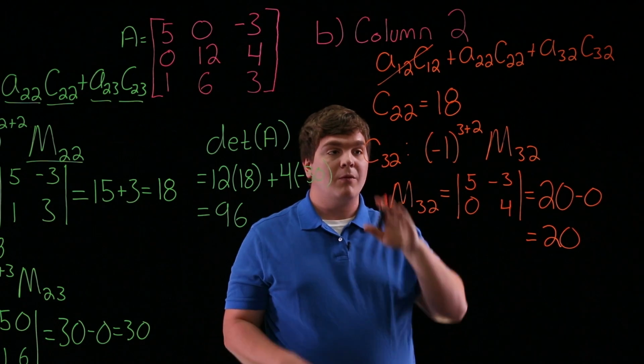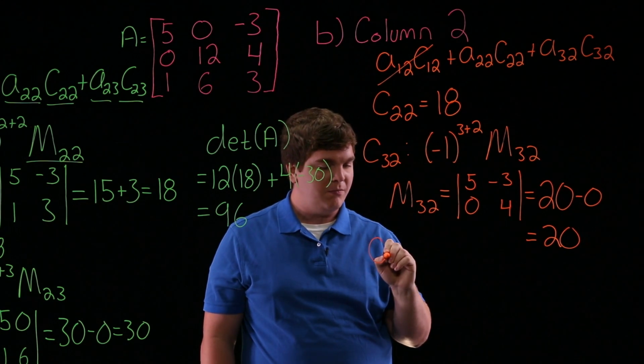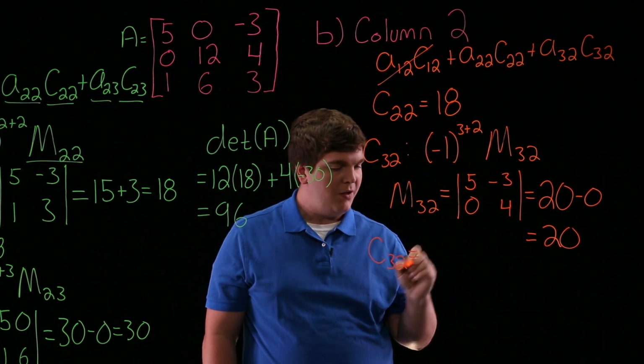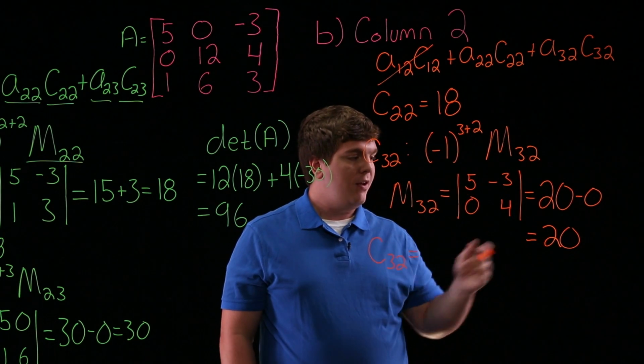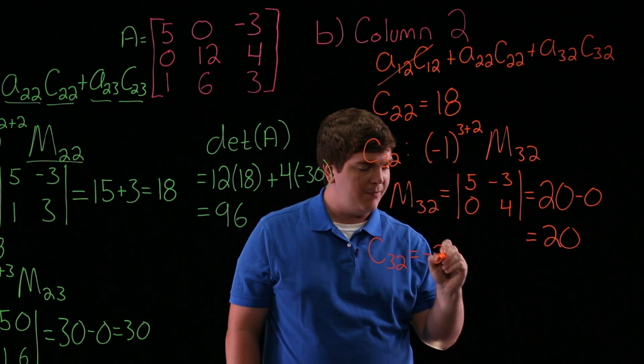And finally, we can find C32, which is going to be equal to -1 to the 5th, which is -1, times 20 is -20.